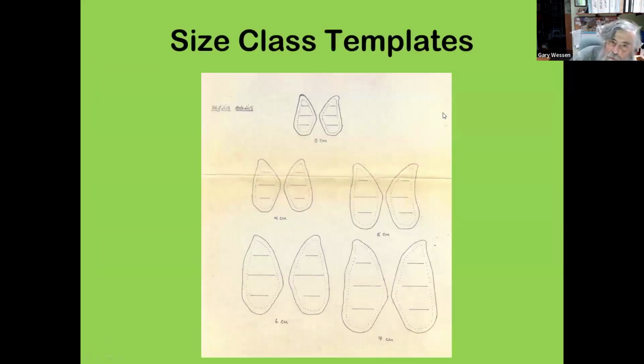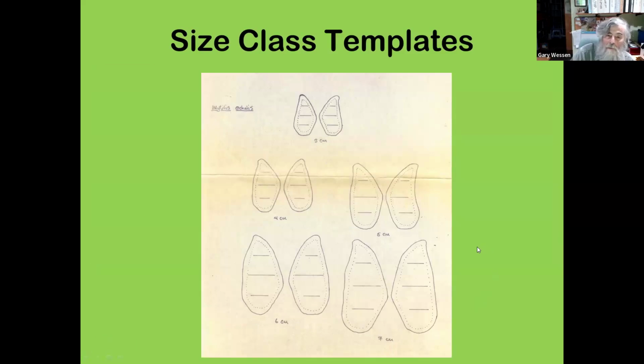And I did this at OZ, and that is we made size class templates. And you do this from spending some time on the beach and finding specimens that are the right size. And this is my templates for blue mussel. There's a 3 centimeter, a 4 centimeter, a 5 centimeter, a 6 centimeter, a 7 centimeter. These are not real time consuming to put together.